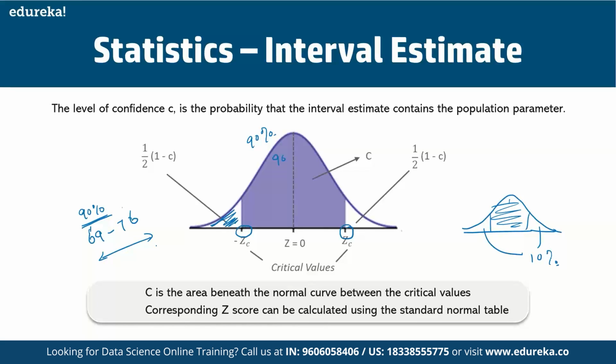So if both put together is 10%, then this area is going to be 5% and this is going to be my 5%, right? So we're going to use these to give a proper range. This 90% confidence, by default, we actually have it as 95% confidence interval, right? So this is how we actually define. But if we are very particular, we can always change this confidence interval level.